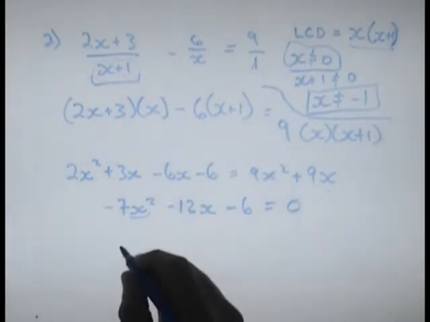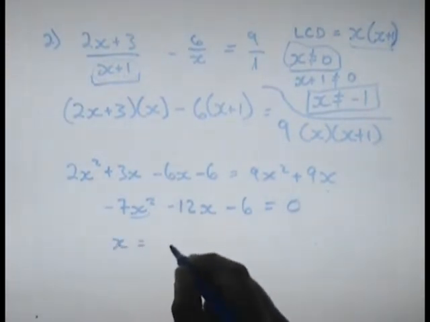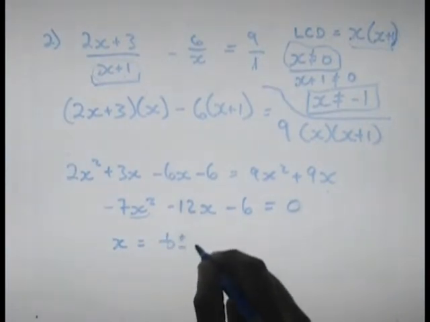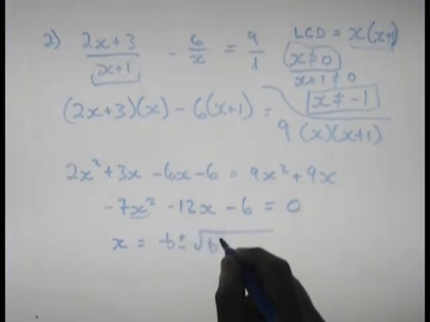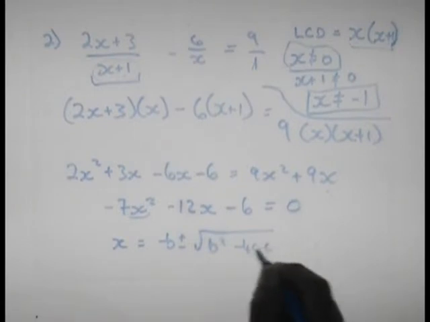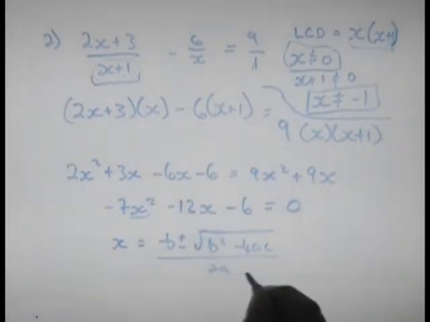If I use my quadratic formula, I'm going to say x is equal to minus b plus minus square root of b squared minus 4ac over 2a.